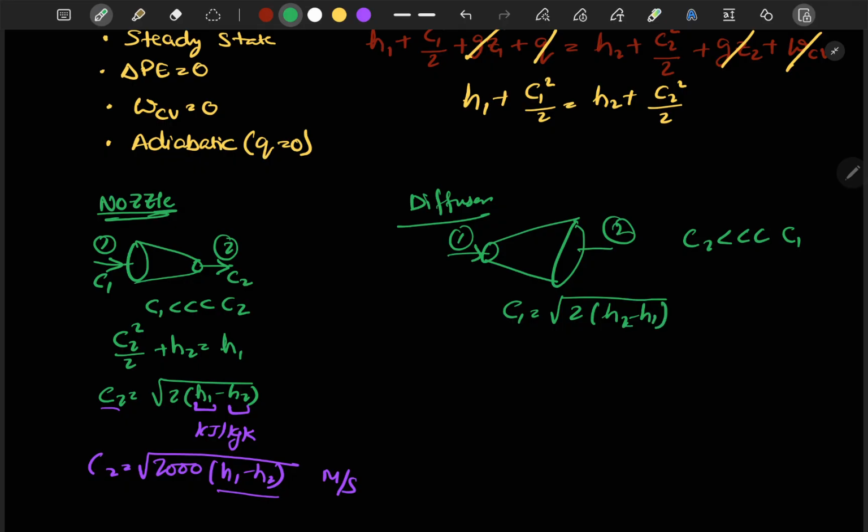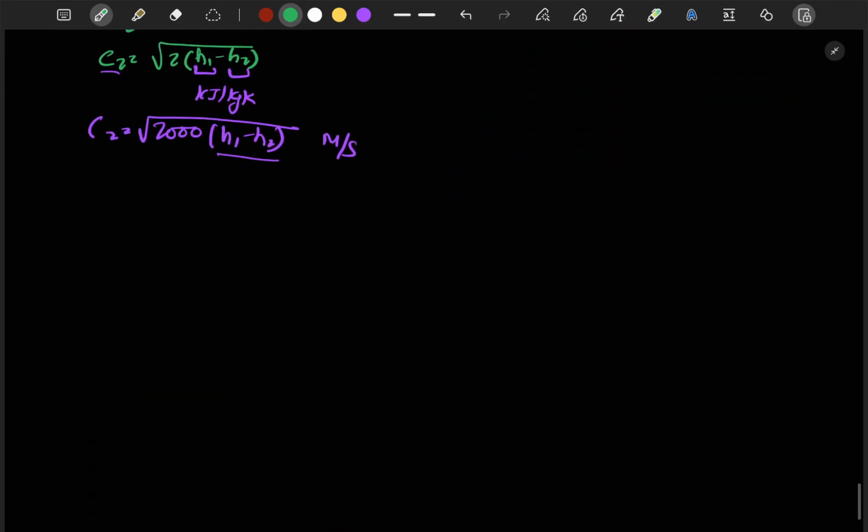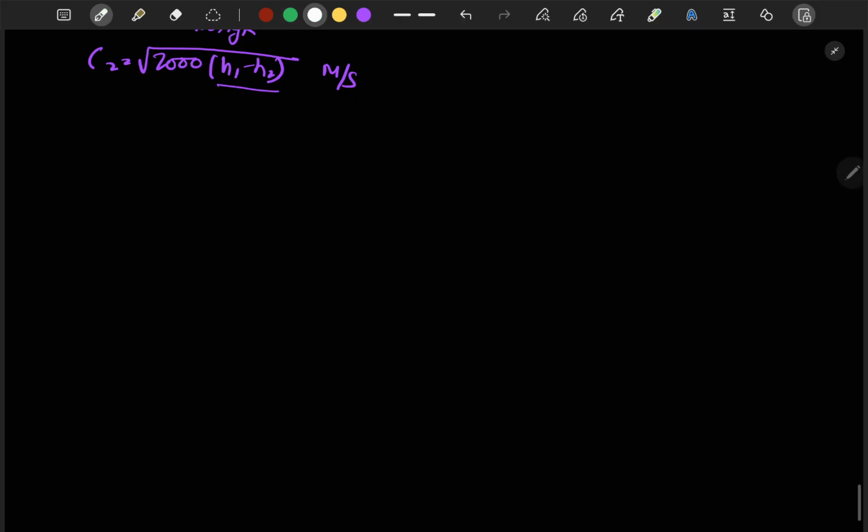Okay, now moving ahead, we can consider the next device. We have already discussed nozzle and diffuser. The second device we can discuss is turbine and compressor. Again there are some assumptions here. First, steady state.